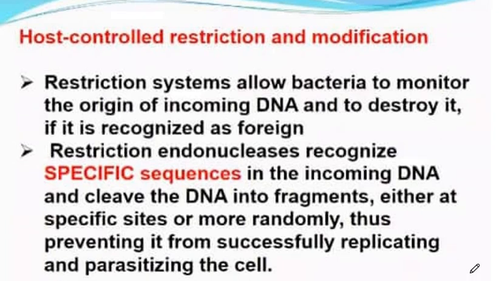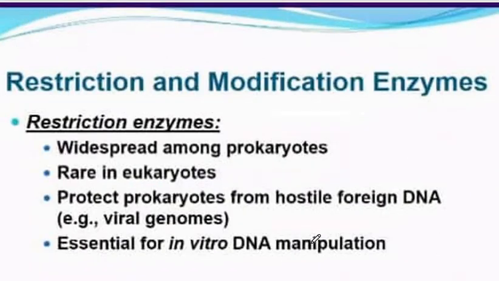Next is host controlled restriction and modification. Restriction systems allow bacteria to monitor the origin of incoming DNA and to destroy it if it is recognized as foreign. Restriction endonucleases recognize specific sequences in the incoming DNA and cut the DNA into fragments, either at specific sites or more randomly, thus preventing it from successfully replicating and parasitizing the cell.